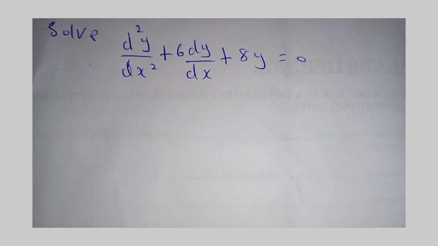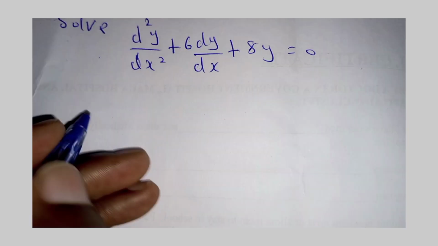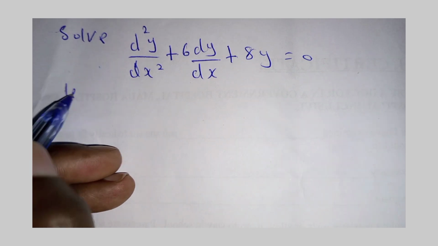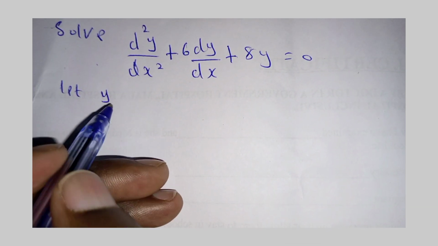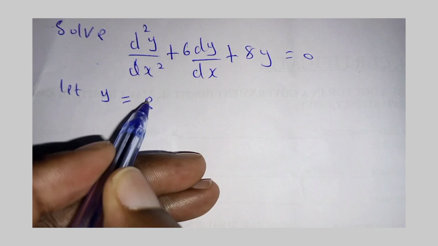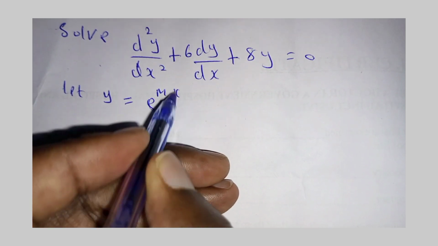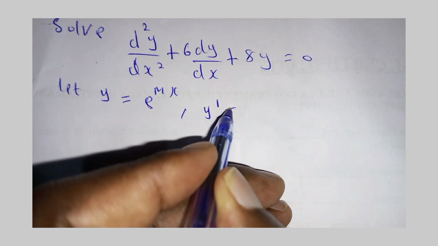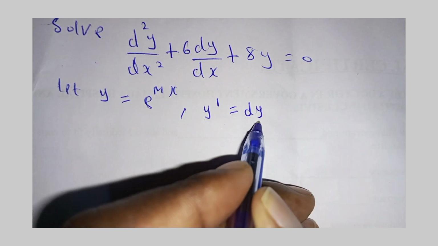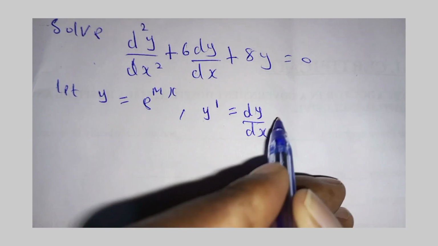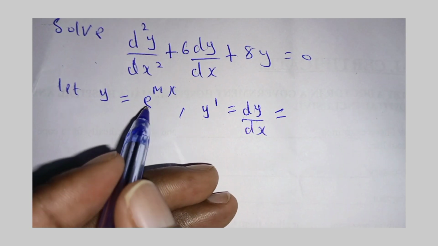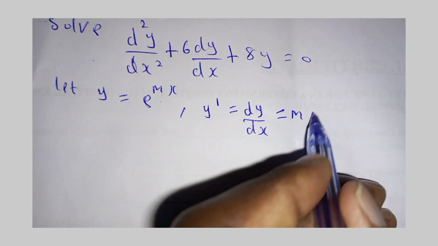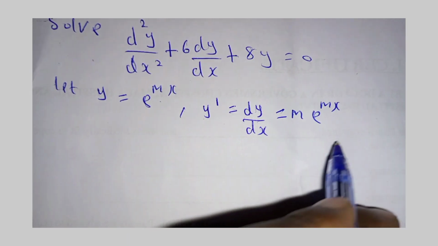We are going to consider this example and we are going to solve this by letting our y be equal to exponential mx. Then we find y prime. Y prime is the derivative of y with respect to x, which in this case, when we differentiate the exponential mx, gives us m multiplied by exponential mx.